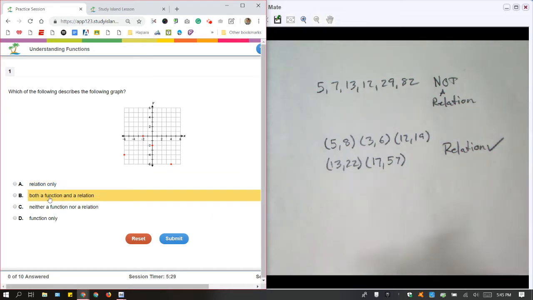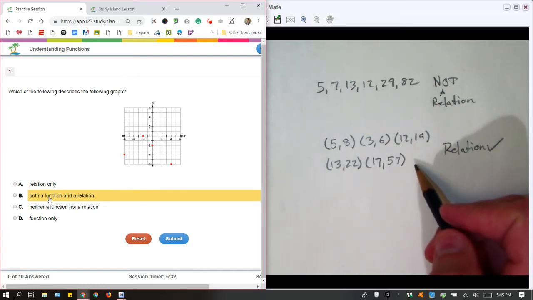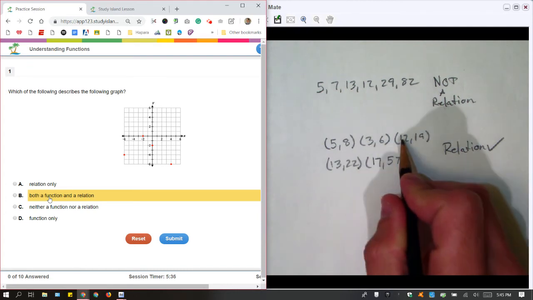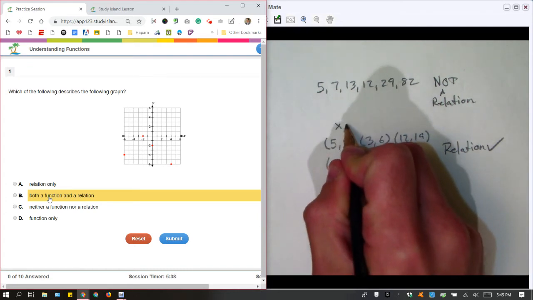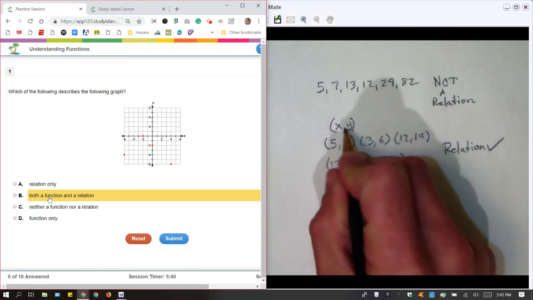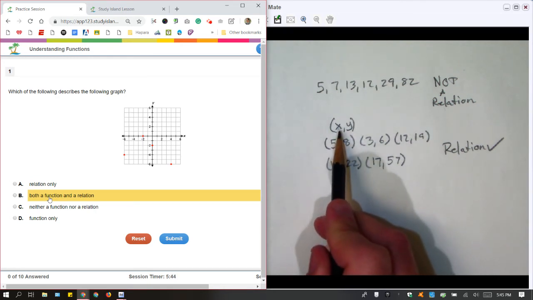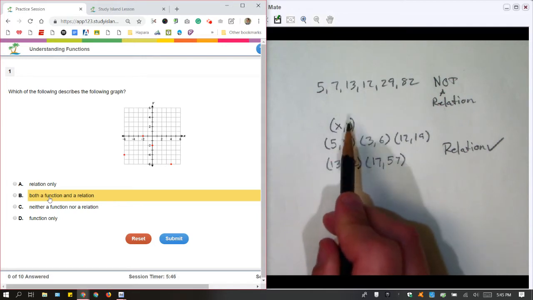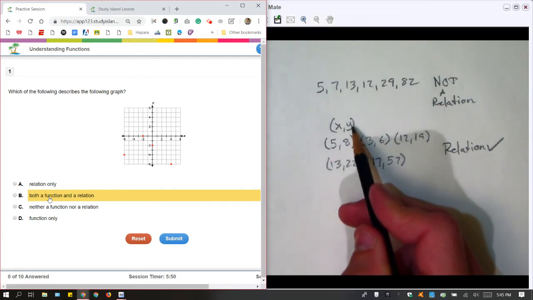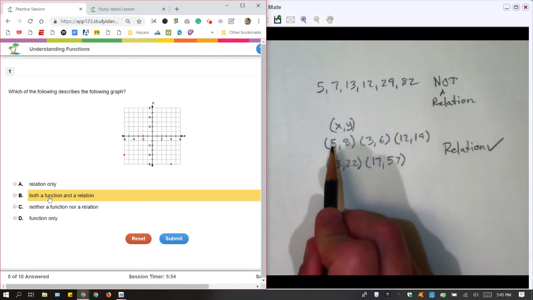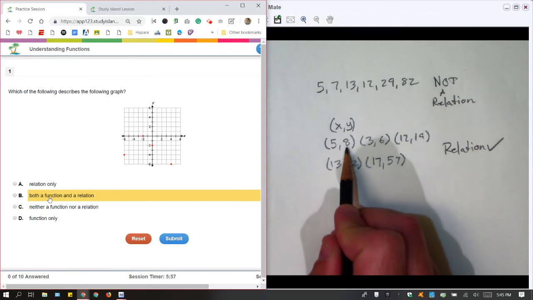So it's going to be either a relation only or both a function and a relation. So now what's a function? A function is a relation where every input, which are the X values, when you look at a relation, the X values are the input, where every input or every X value has one and only one output that corresponds with it. So I look at this relation. What does 5 correspond with? It corresponds with 8.